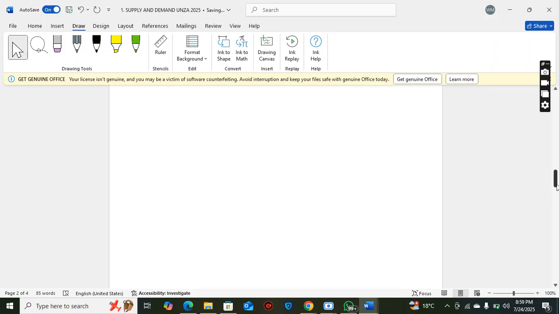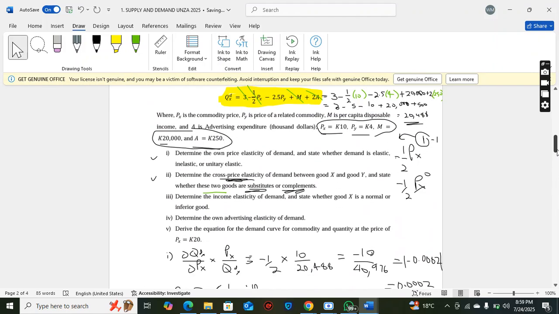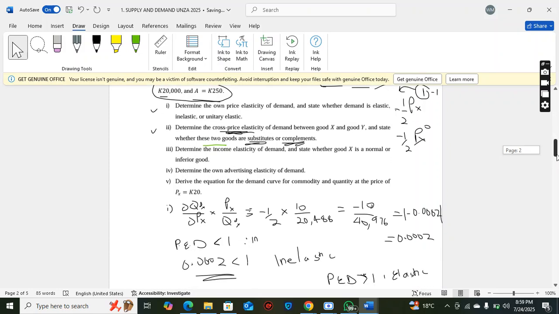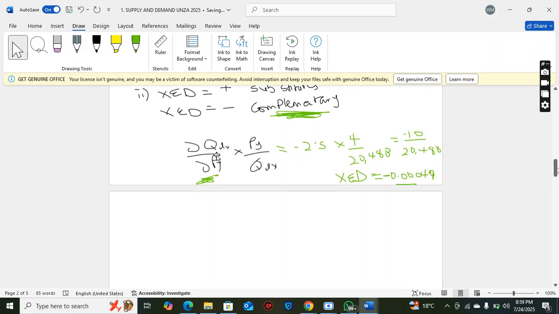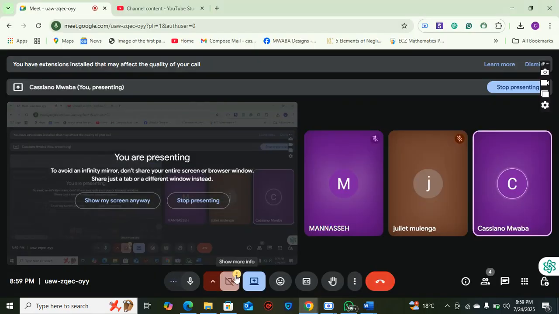So we go to the next part. Determine the income elasticity of demand and state whether the good X is a normal or inferior good. So income elasticity of demand is how quantity demanded of a good responds to changes in income. This is the one which now determines whether a good is a normal good or an inferior good.